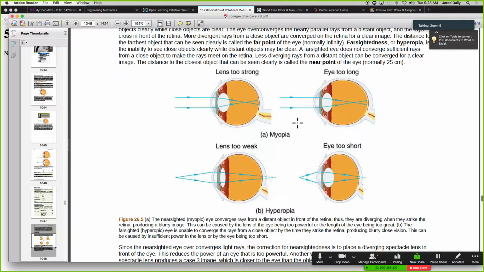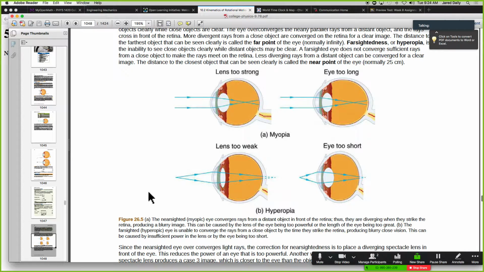Now there is another way of thinking about this. With myopia, the lens would be too strong and focus it too early, or with hyperopia, the lens is too weak or doesn't focus enough. But it's my understanding that the actual length of the eye is the more common thing that happens, not the actual lens formation, but the eyeball length.